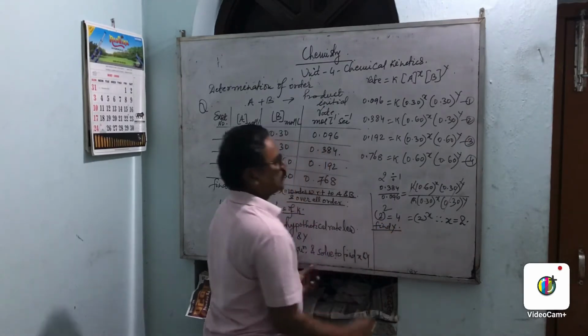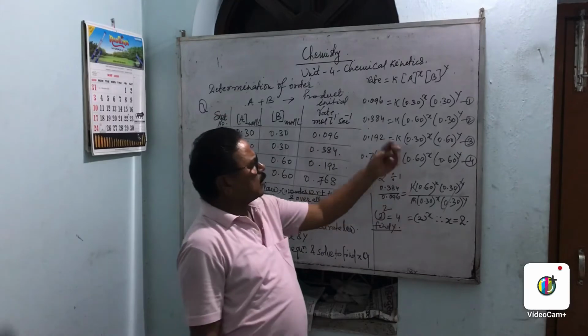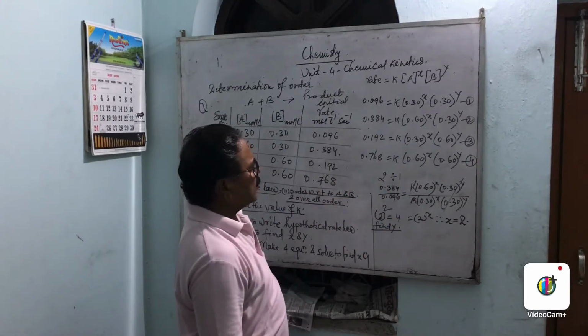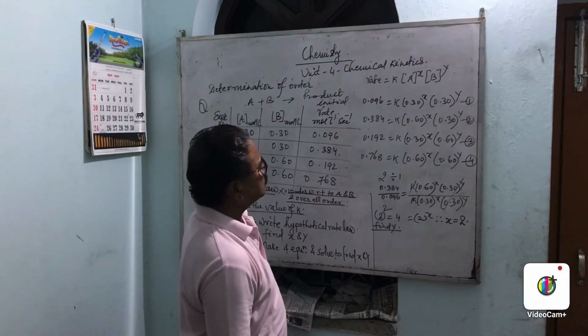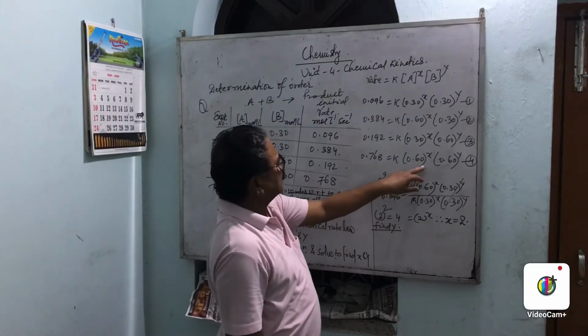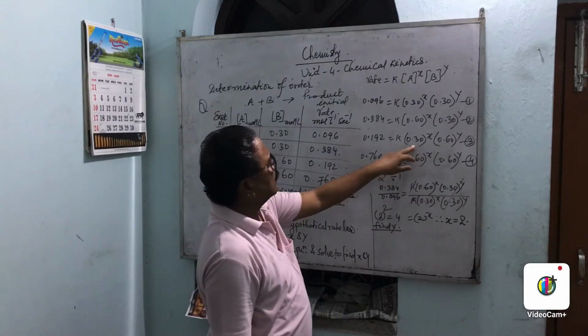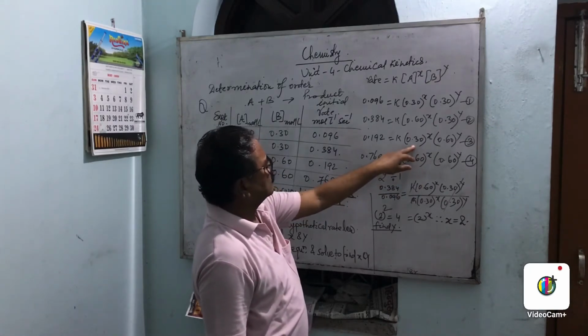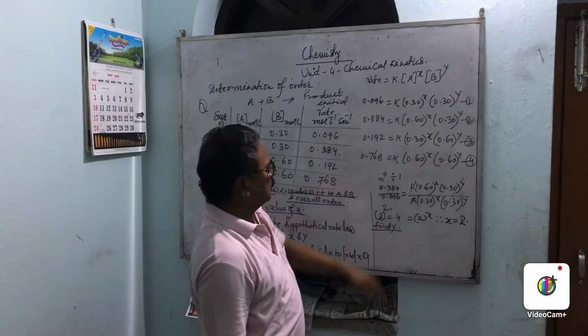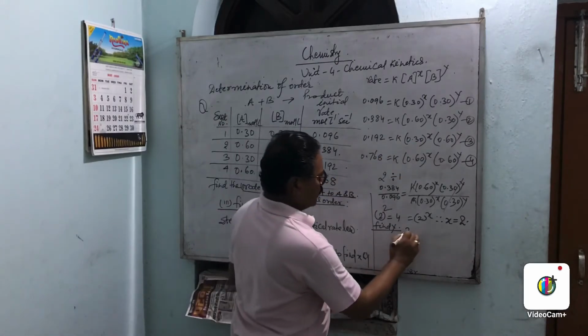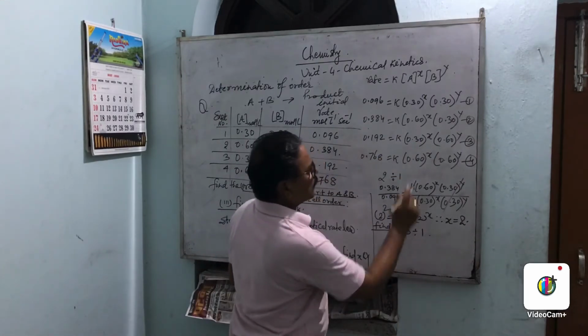How will we find it? Let us compare the equations. How are we able to find the Y? That is Y we have to find out. So 3 divided by 1.